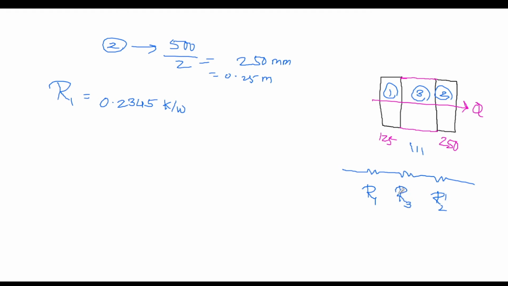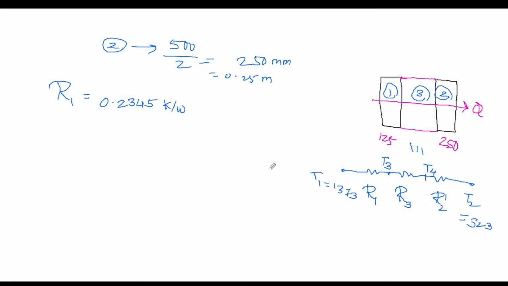and this will be the R3 resistance. Similarly, they have given us temperature T1 of 1373 Kelvin and T2 as 323. Now suppose we consider the temperature here as T3 and here as T4.